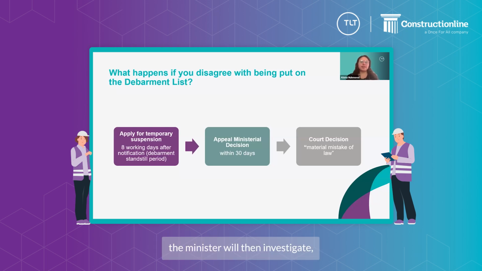The minister will then investigate, and if they make the decision to place you onto the debarment list, any challenges to that decision should be directed to the minister and not the contracting authority. As I've said, it's the minister who will be making that decision.